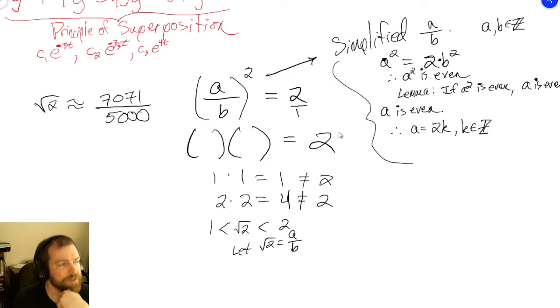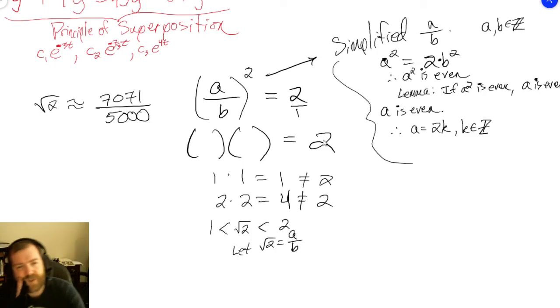I'm going to have to ask the people who are in charge of the proofs course at my college and see if there's something in particular that we're not... What is it about this that is not going to be acceptable?